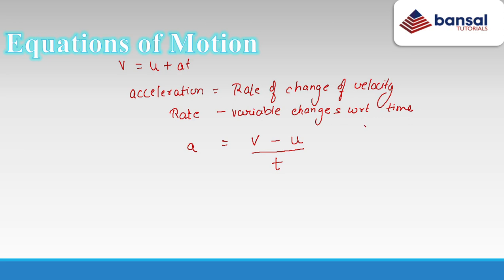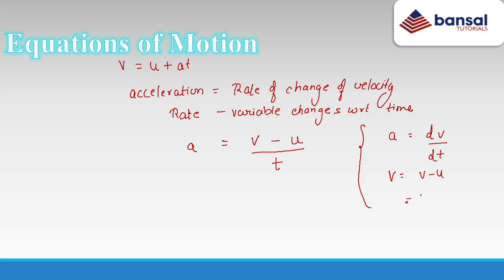Let's explain how it comes. So it is a is equal to dv upon dt. I have told you earlier, this is differentiation of the velocity, change in velocity, and change in velocity is given by v minus u, final minus initial.